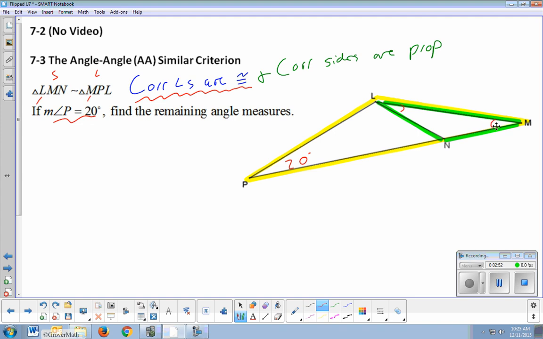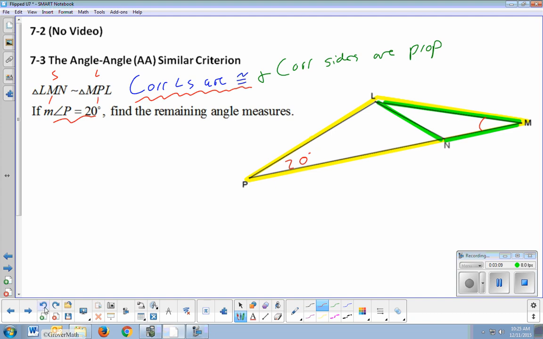And angle M actually is also an angle of both triangles here. So we see those angles are going to correspond, and angle M of the small triangle corresponds to angle P of the large triangle, and that's this 20.